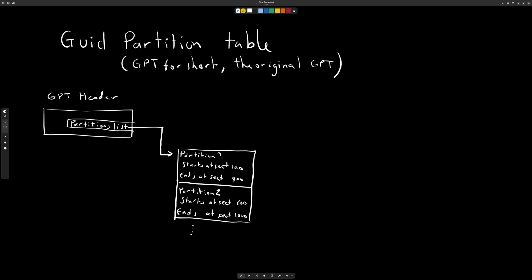That array tells us that partition 1 starts at sector 100 and ends at sector 400. It also tells us other info like the type of the partition. But this is very much what a partition table is for, just a list of the partitions on the disk and where they start and end.